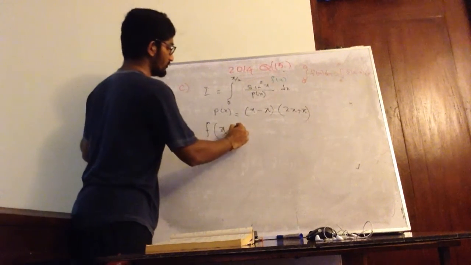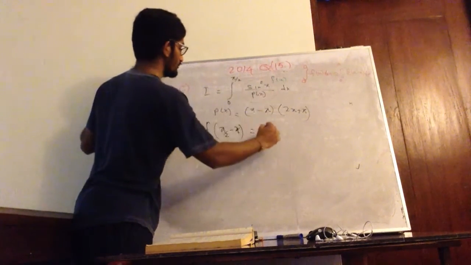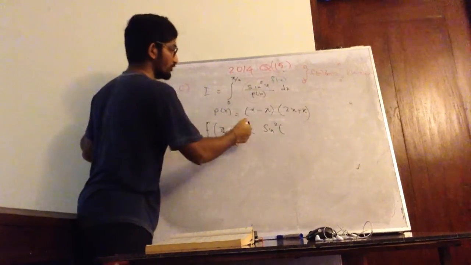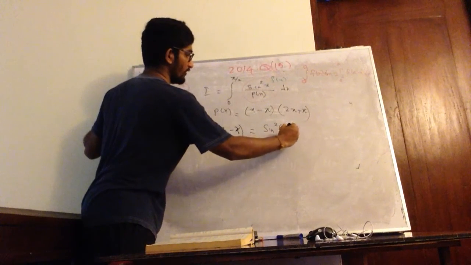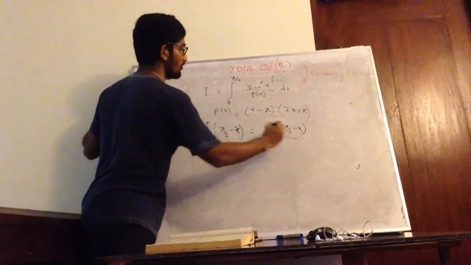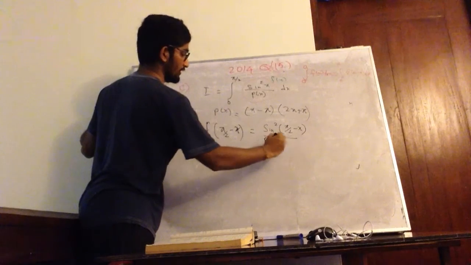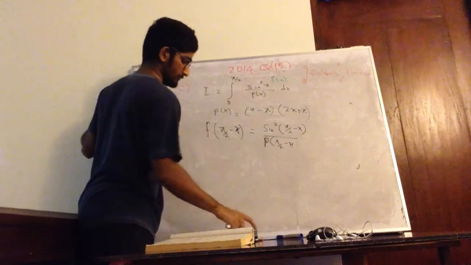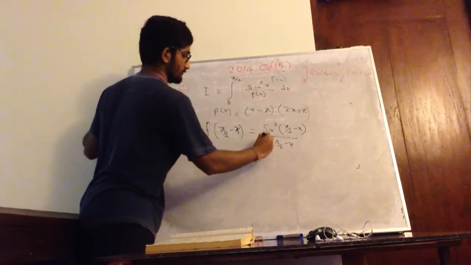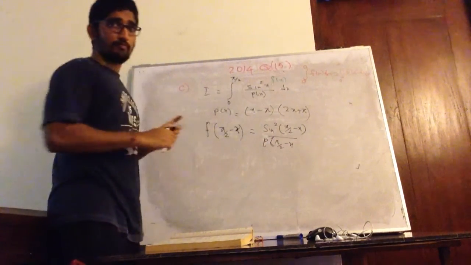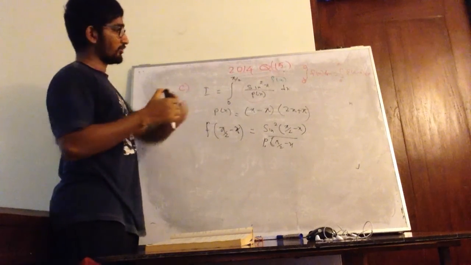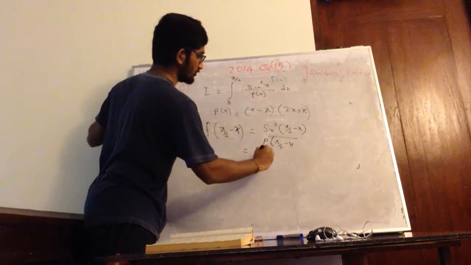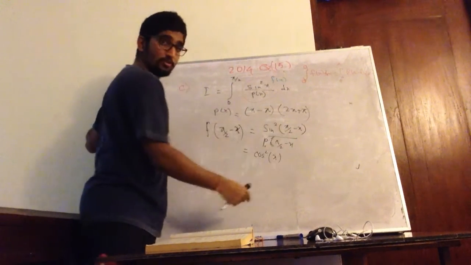If I put pi over 2 minus x here, so if this becomes sine squared, then for x you put pi over 2 minus x. Now this is basically cos squared x, because of pi over 2 minus x.